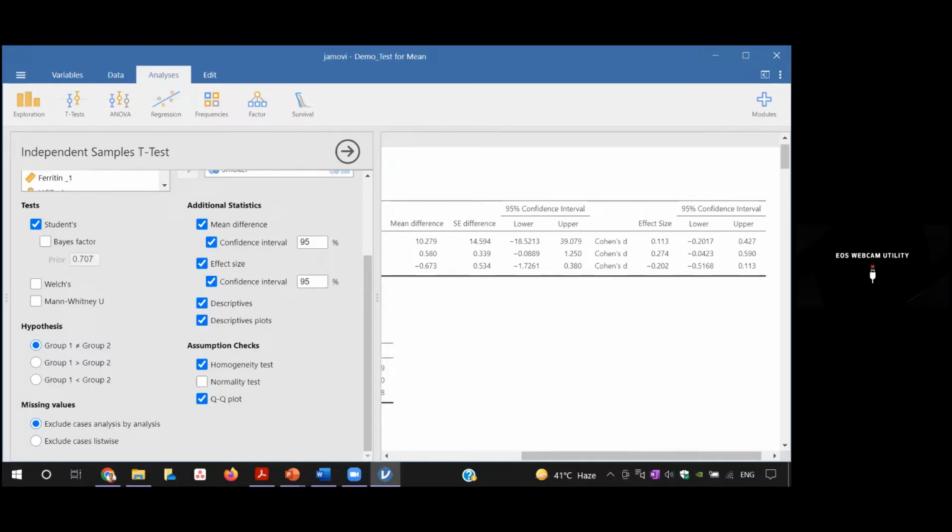That is Cohen's d, the effect size. But how do we interpret it? The interpretation is like we did for Cramer's V. Can you recall yesterday's session when we did the effect size using phi and Cramer's V? We learned that up to 0.2, 0.3 and 0.5, we called it a small, moderate or large effect size.